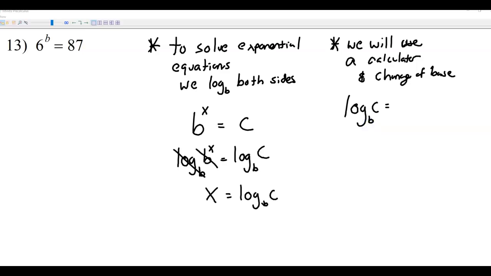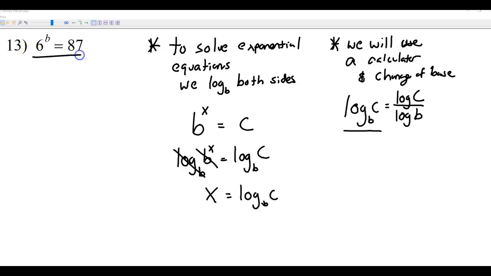Now in a calculator, we want base 10. There's also base e, which is ln. You could use that one also. But just to keep things simple, we'll do base 10. So log base 10 of c over log base 10 of b is the same thing as this. So you just rewrite it using that formula. So we're going to be using those two strategies here on this problem.